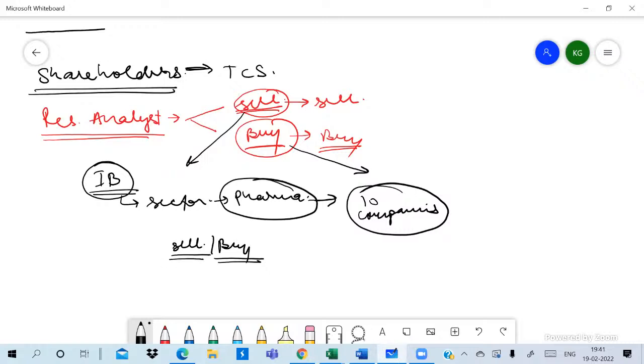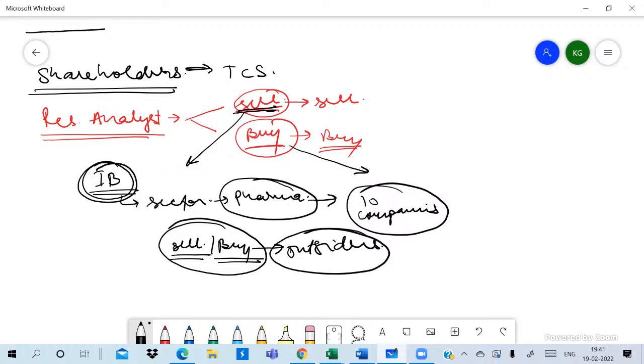If the company will not do well in future or the company is not doing well, then you'll say it's better to sell the stock. So a sell side equity research analyst is someone who works with an investment bank, will analyze the company and give sell or buy recommendations, which will be used by outsiders.